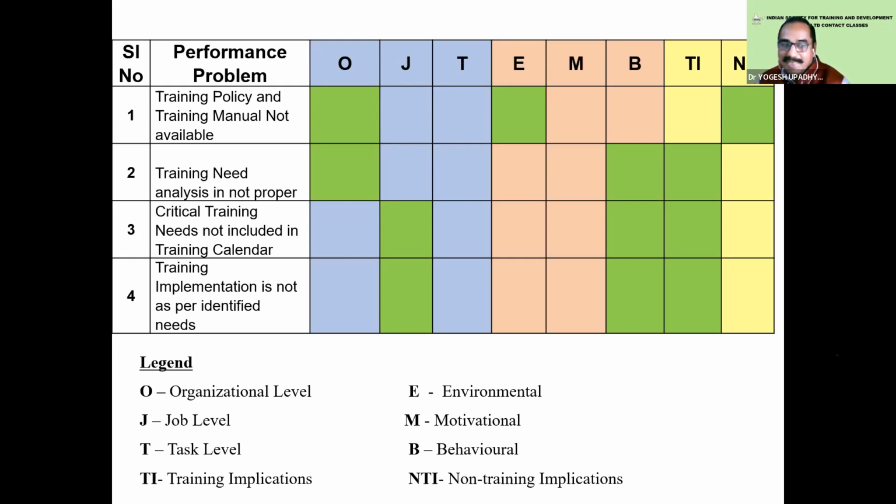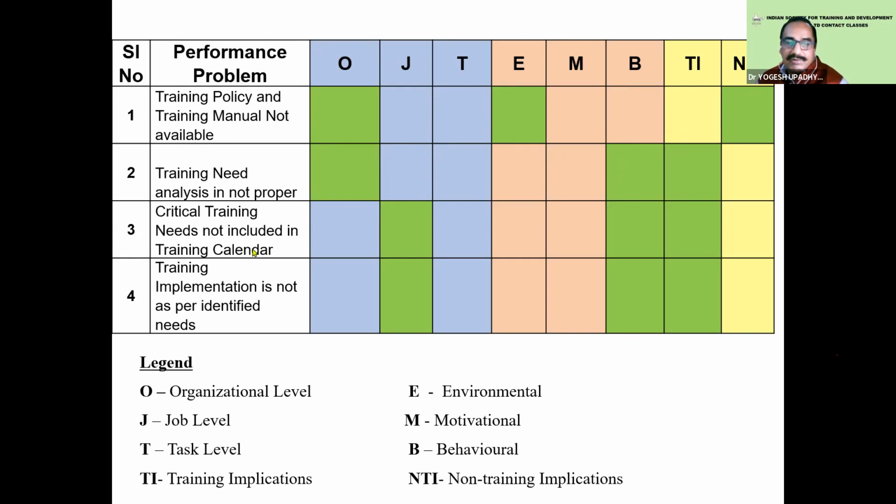Training need analysis is not proper. So here also it is organizational, but now it is coming in the behavioral, because it is reflecting on the competency of people. If you link this to competency, definitely you can put it there. So you can argue with that.